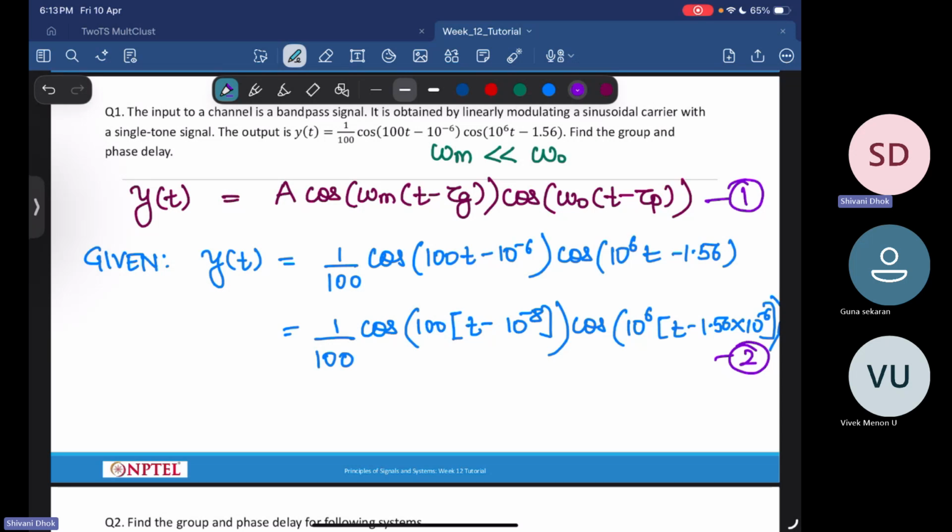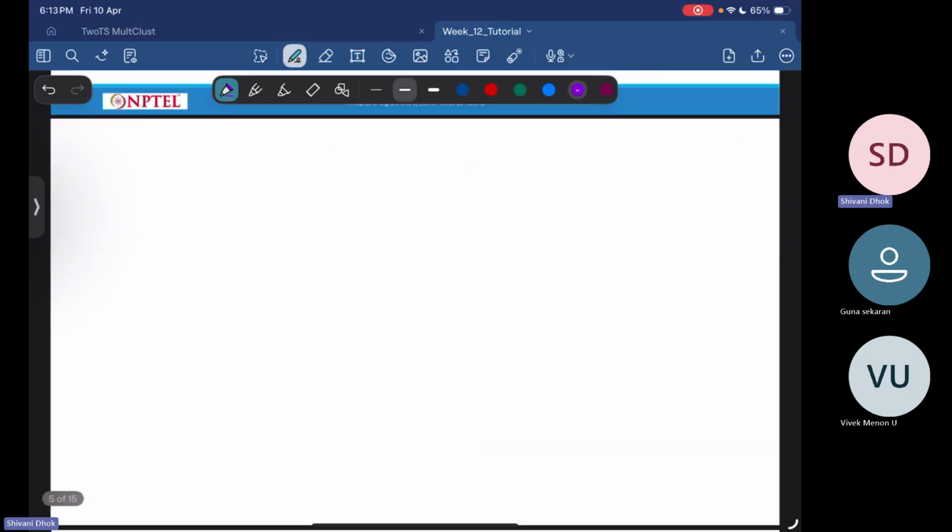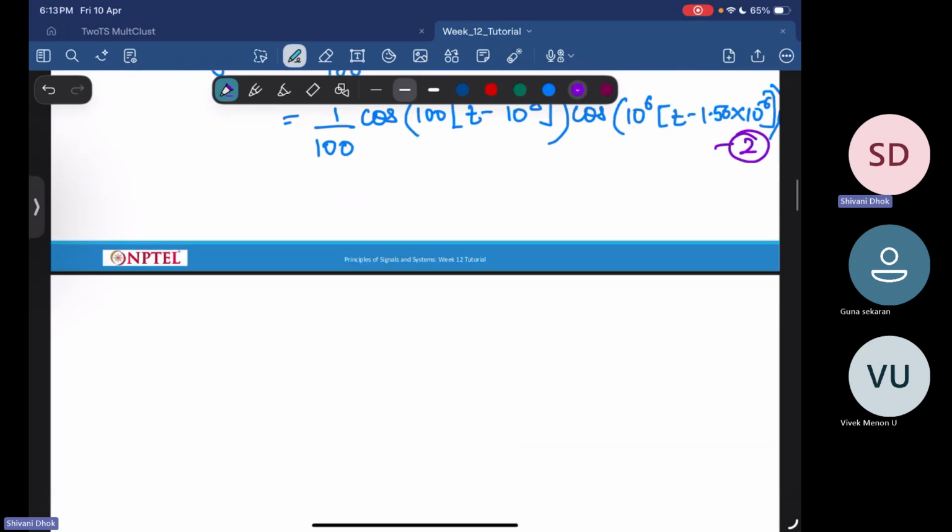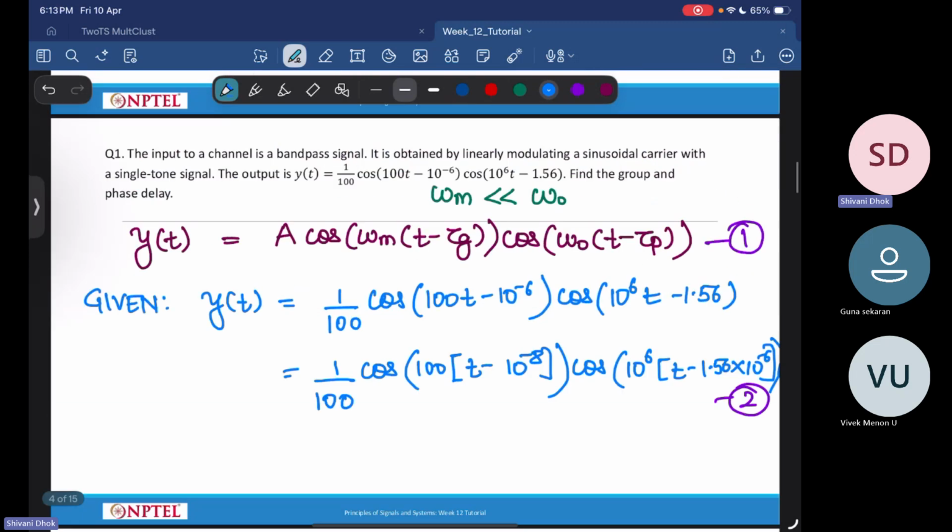Okay, now let's say this is equation 1 and this is equation 2. Now we'll compare equation 1 and equation 2. Comparing them, what do we get?